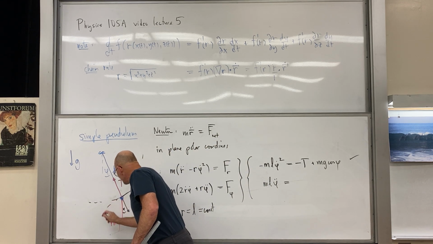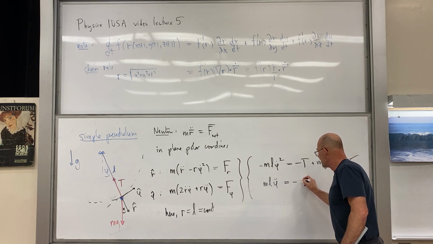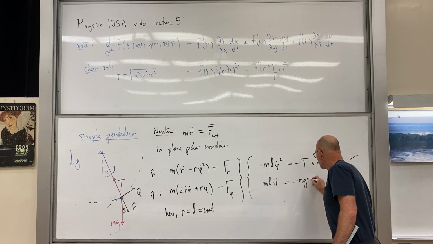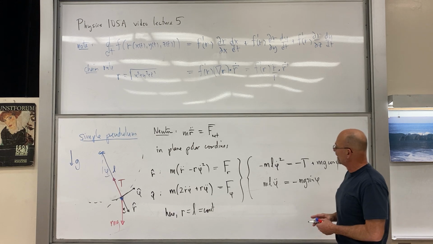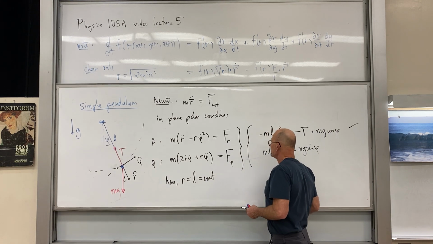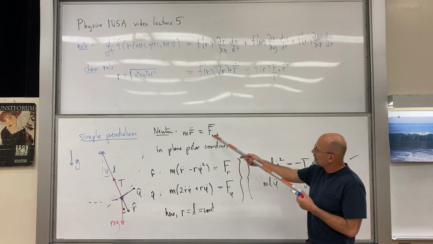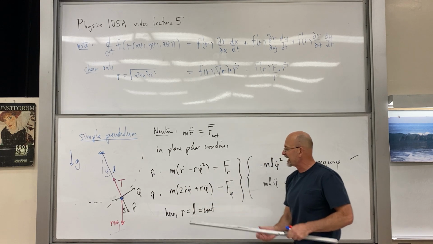Well, minus phi hat is in that direction, so it's going to be minus mg sine of phi, okay? So again, these are the differential equations, Newton's law, in terms of these basis vectors, r hat and phi hat.